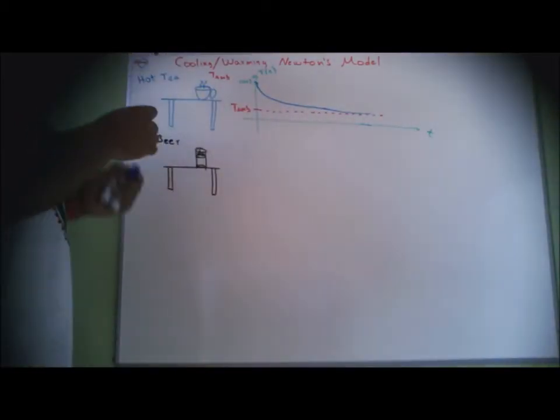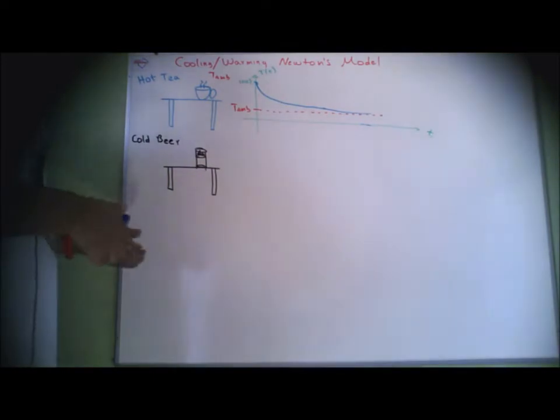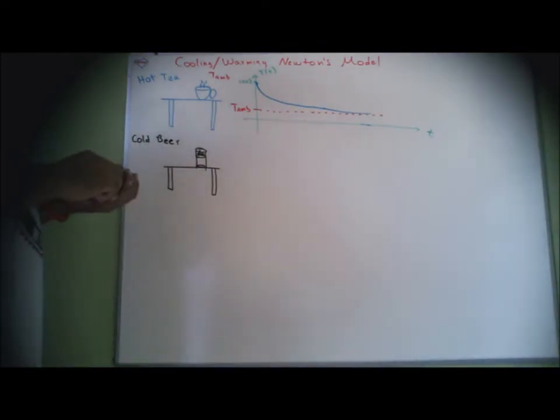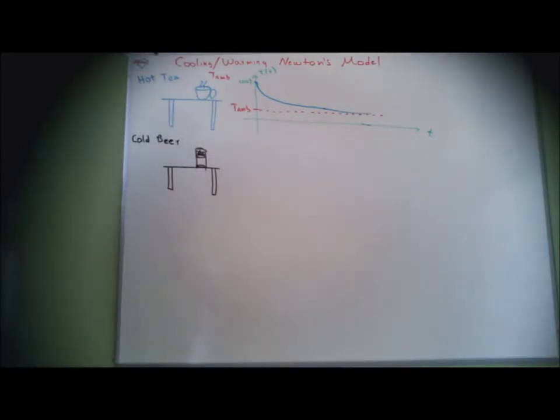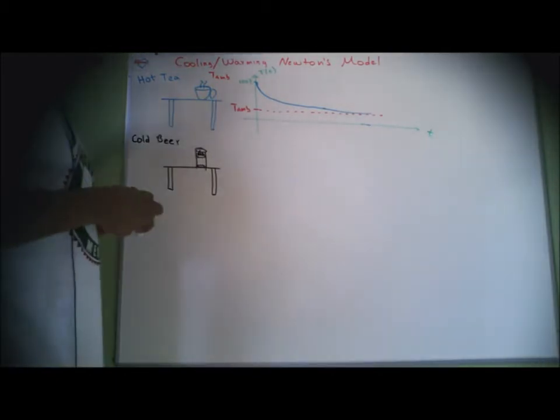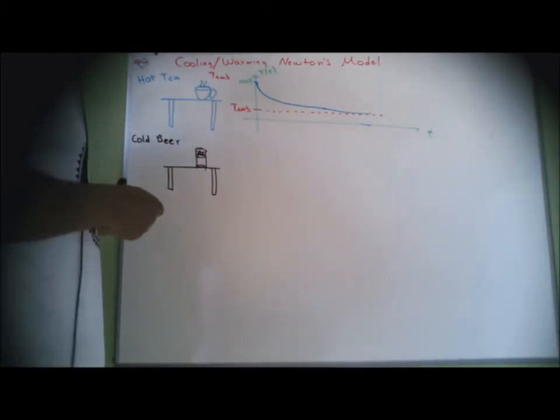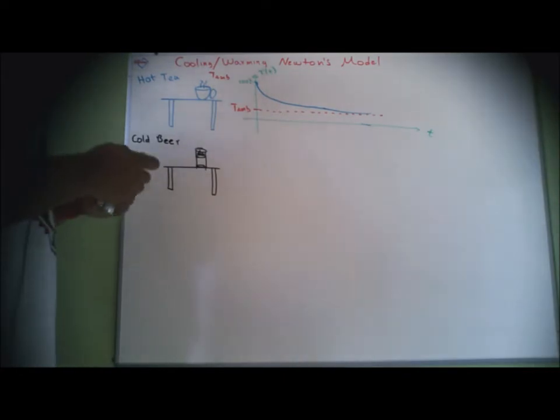Now, what will happen with a cold beer? Let's assume that a cold beer you take from the freezer is very cold, close to 0 degrees, or maybe 1 or 2 degrees.